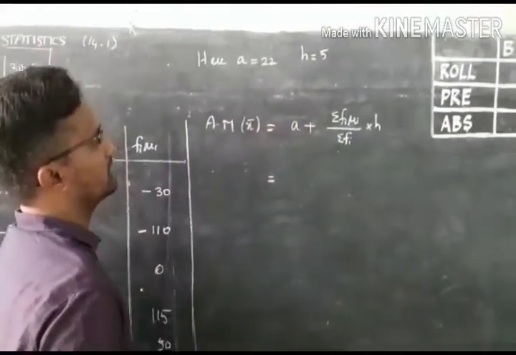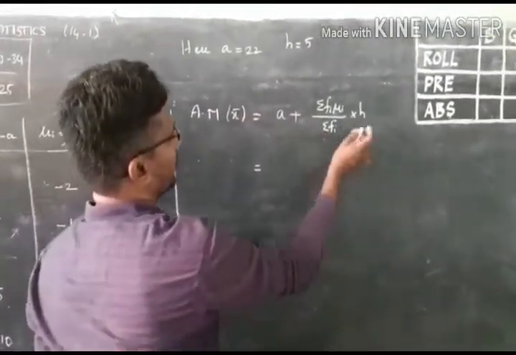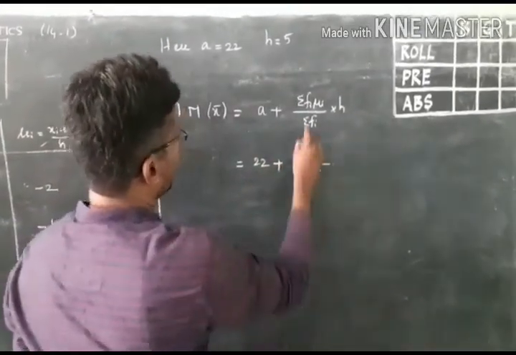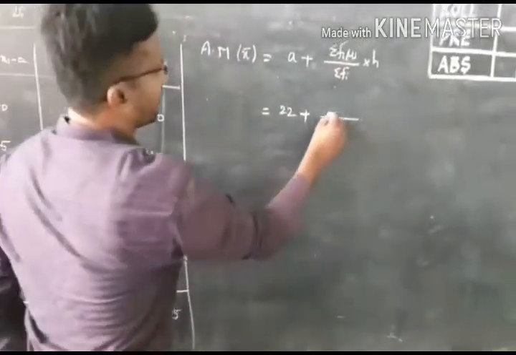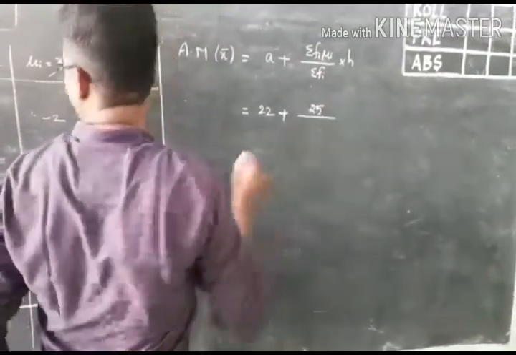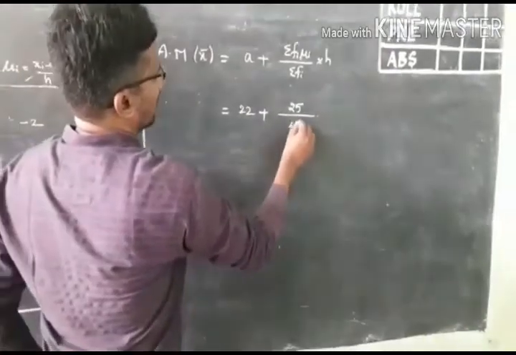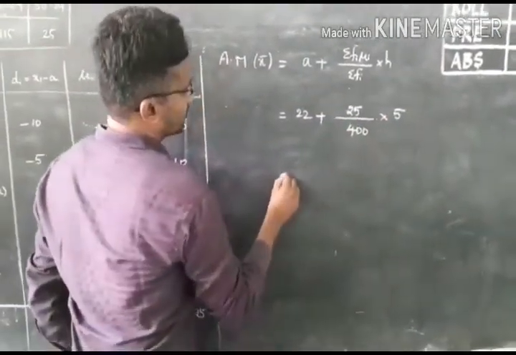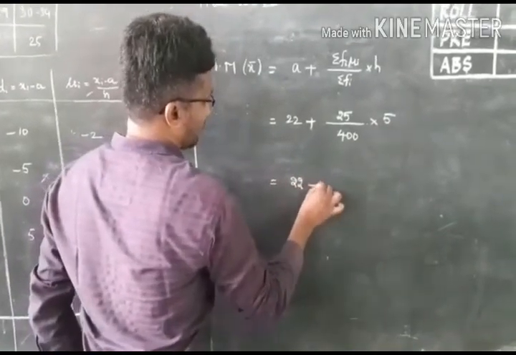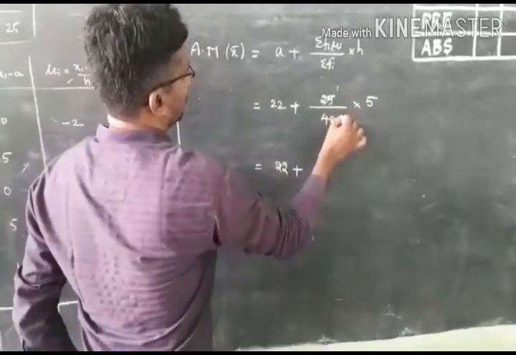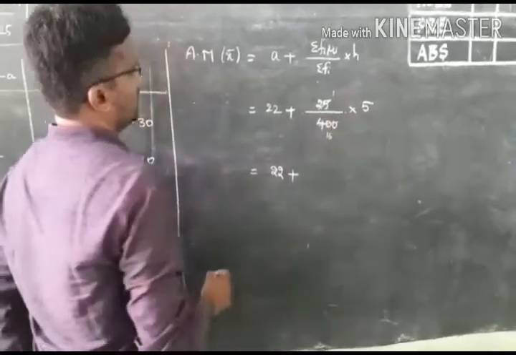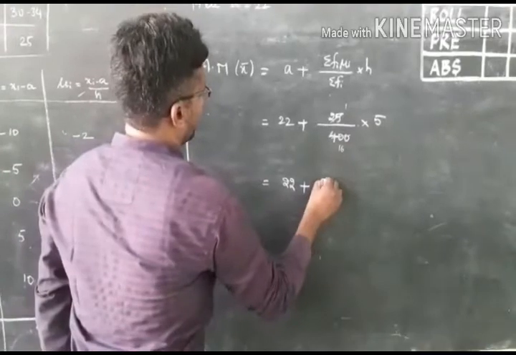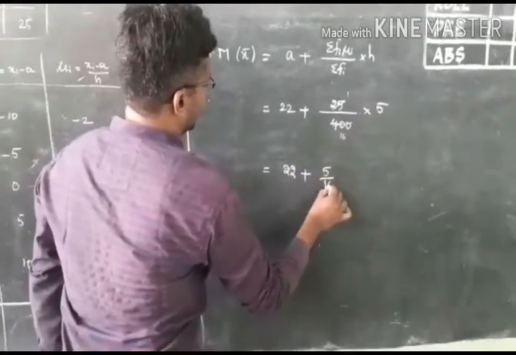By the formula a plus sigma fi ui by sigma fi into h, a is 22, plus sigma fi ui is 25, the sum of the frequencies is 400, and the class size is 5. Now the cancellation part: 25 ones are 25, 25 16s are 400, and there is no cancellation with 5 and 16, so 1 into 5 is 5, by 16.